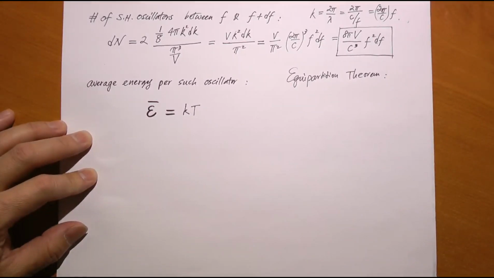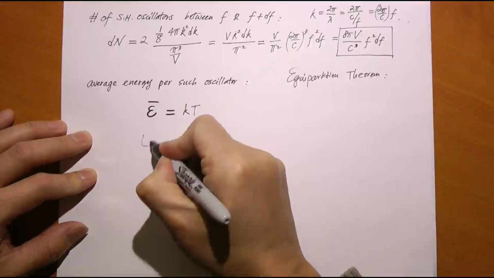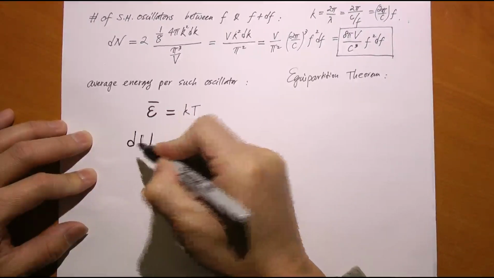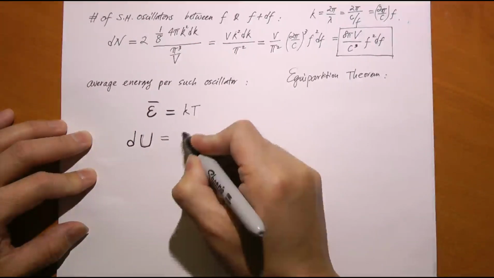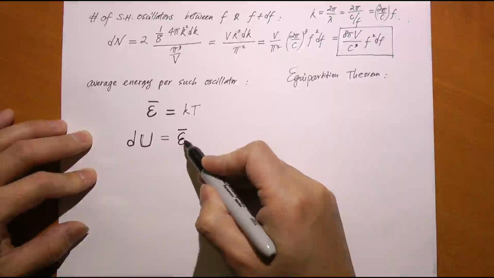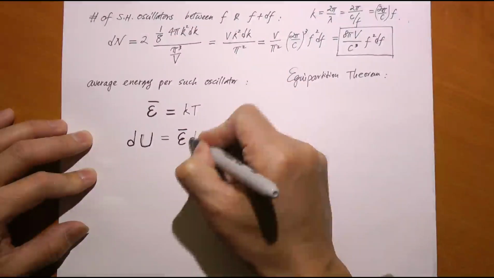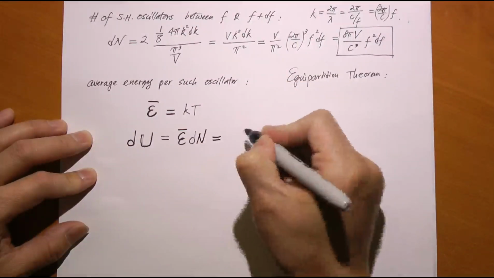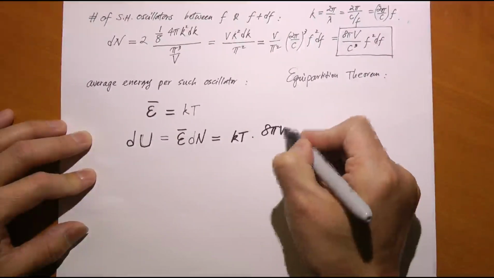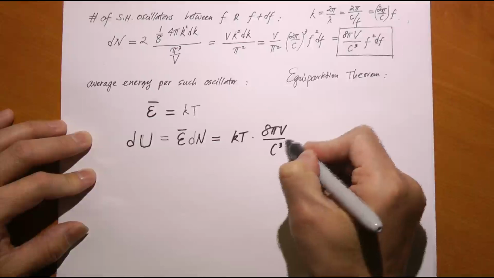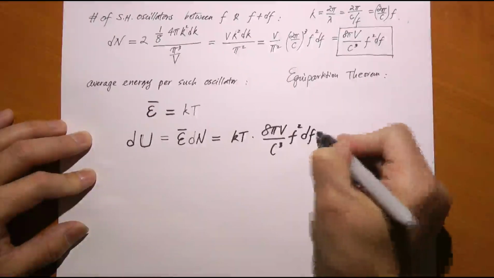And we call the energy stored inside the black body U. We're looking at dU, which is the energy stored in a black body with a frequency range of f and f plus df. And that equals, as we saw, epsilon bar, the energy of each oscillator, times the number of oscillators, dn. And that's kT times 8 pi V over c to the power 3, f squared df.